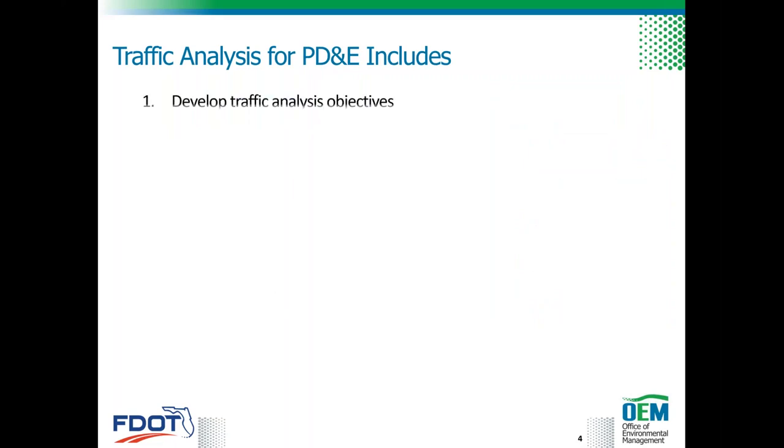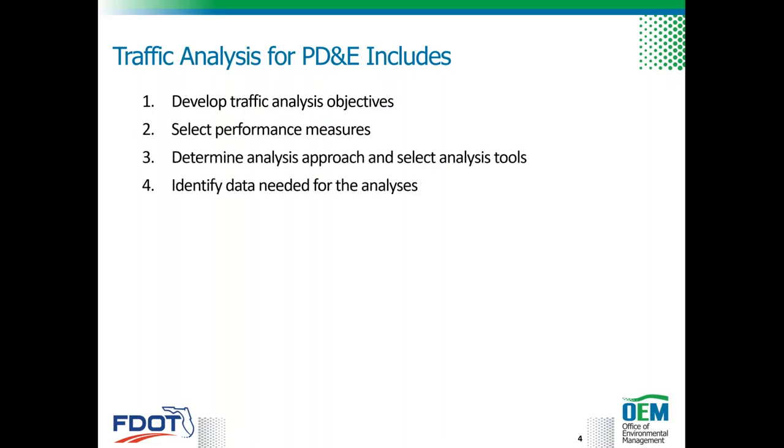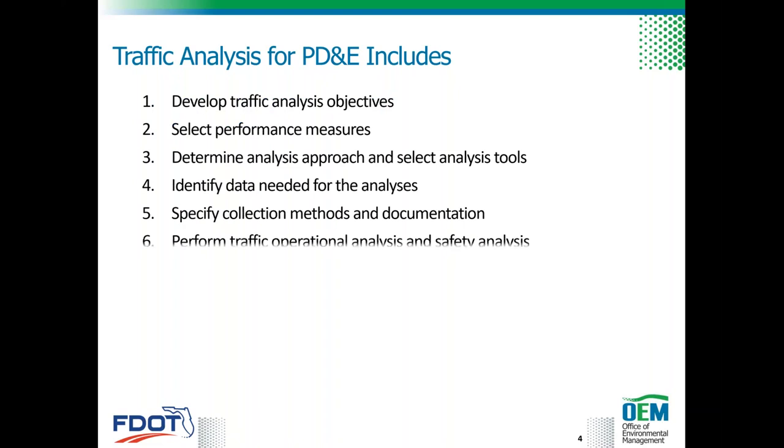Okay, so the traffic analysis in PD&E includes the development of traffic analysis objectives, selecting performance measures, determining the analysis approach and selecting analysis tools, identifying the data needed for the analysis, specifying collection methods and documentation, performing traffic operational analysis and safety analysis, and also documenting the analysis results and assumptions.